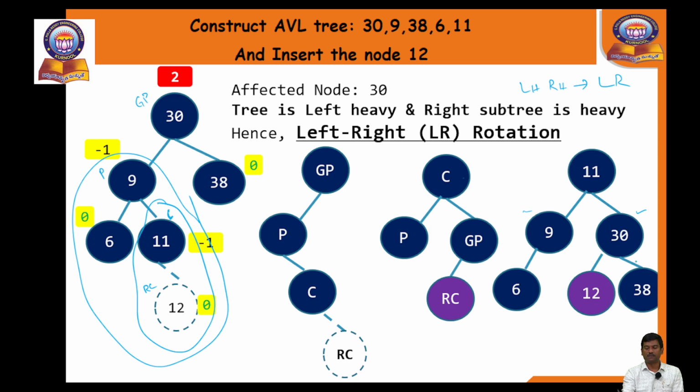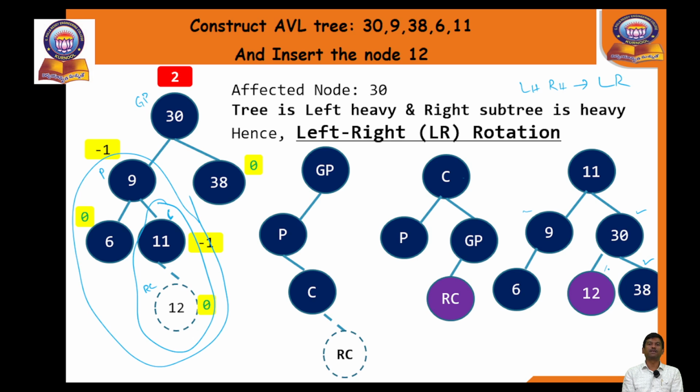The remaining part, 38, stays as the right child of the node 30, and node 12, that is RC, is placed as the left child of the grandparent. So node 12 is placed to the left of the node 30. This is how we can convert the unbalanced tree to the balanced tree.